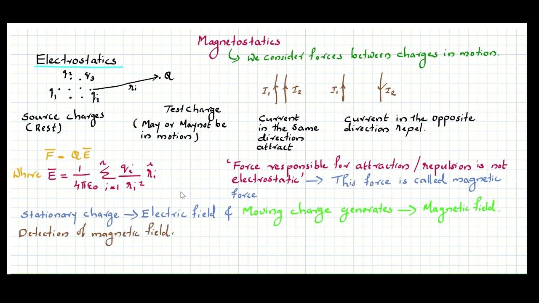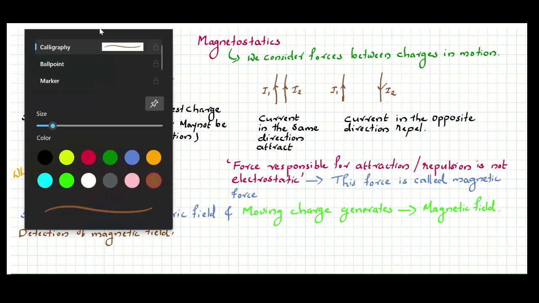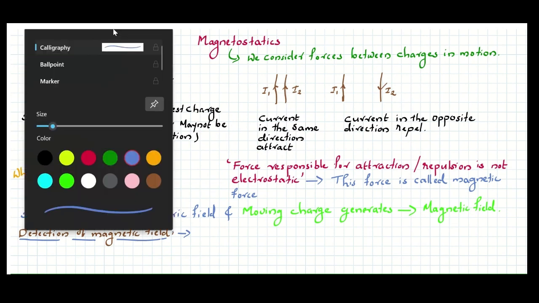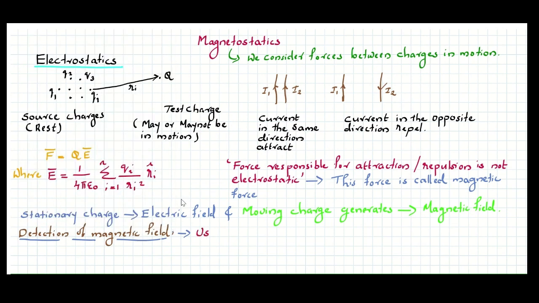Now, how do you detect a magnetic field? The detection of the magnetic field is very easy. You can detect a magnetic field using a simple compass. If you place a compass near a current carrying wire, you can detect the magnetic field.